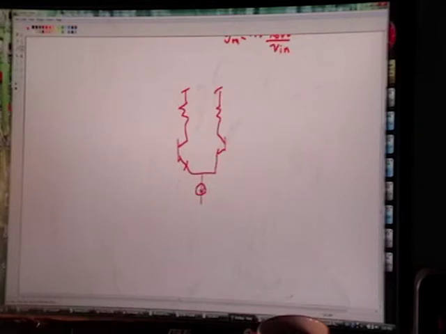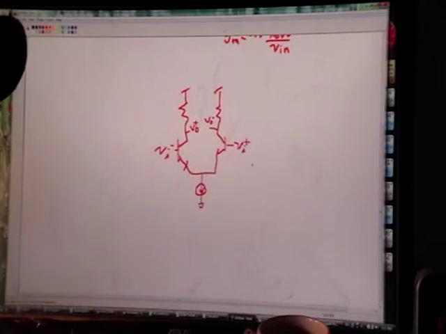I should probably draw a cascoded diff pair, but I'm being a little bit lazy. So I'm just drawing a single transistor diff pair.